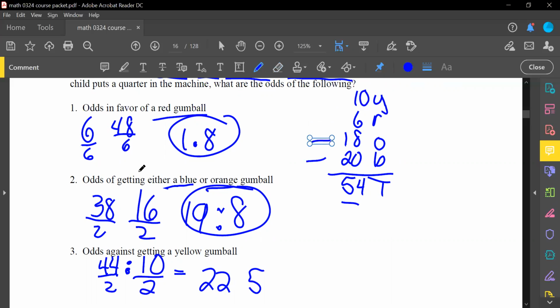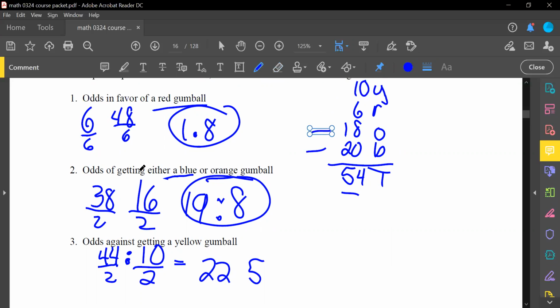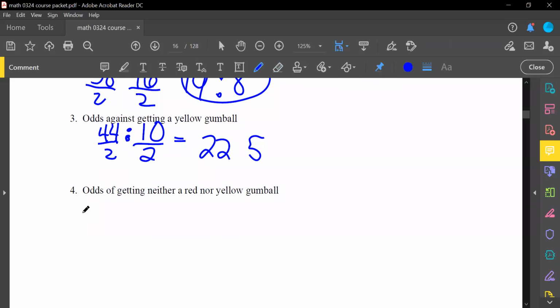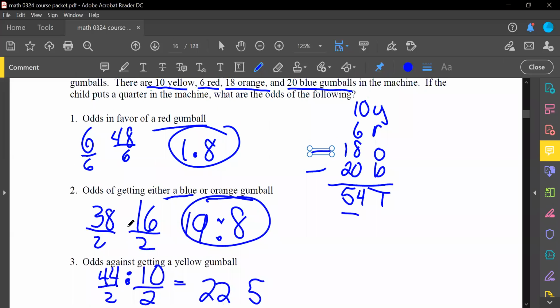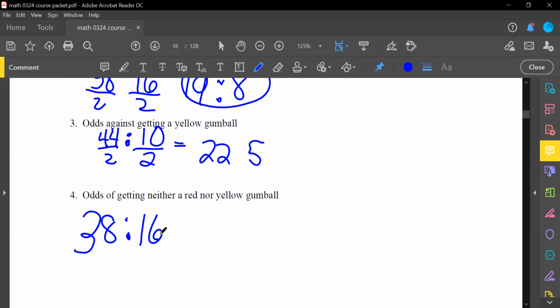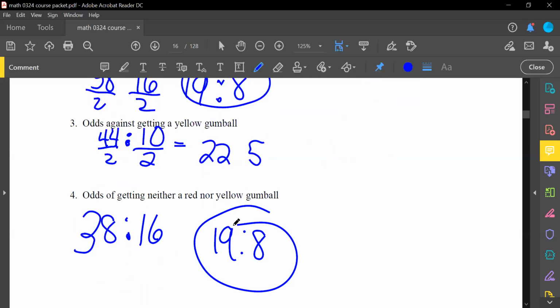So not red or yellow would be 38, and the number of ways to get a red or yellow would be 16. I can reduce that. Using my calculator, I get 19 over 8. Just reduce both of these by 2.